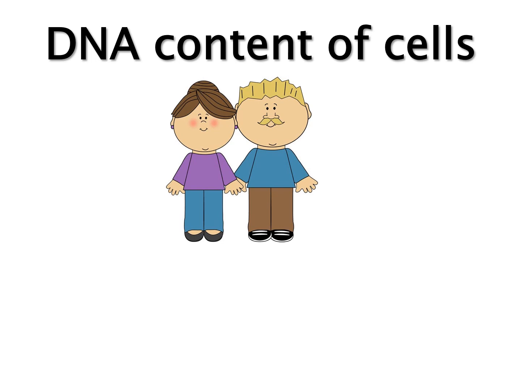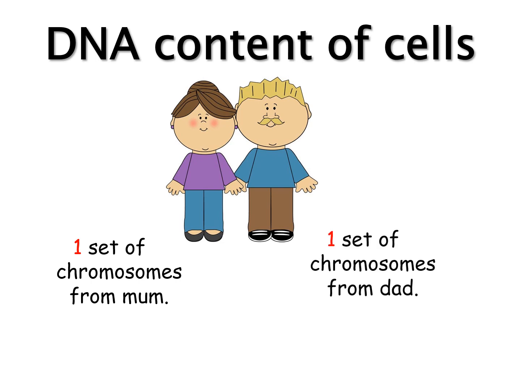So if every cell in the body contains two sets of chromosomes, I'd like us to think, where do these sets come from? When we're conceived, we receive one set of chromosomes from mum and one set of chromosomes from dad. This is the reason that somebody might say that a baby has its mum's eyes or its dad's nose.